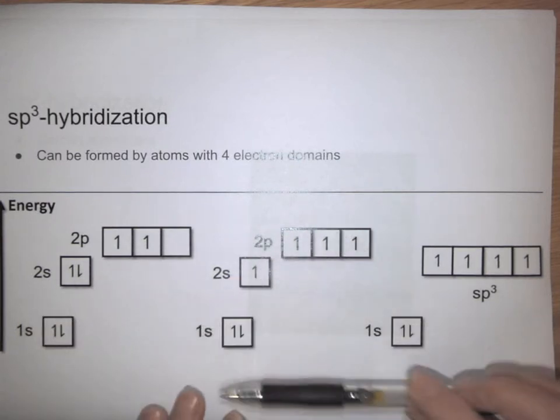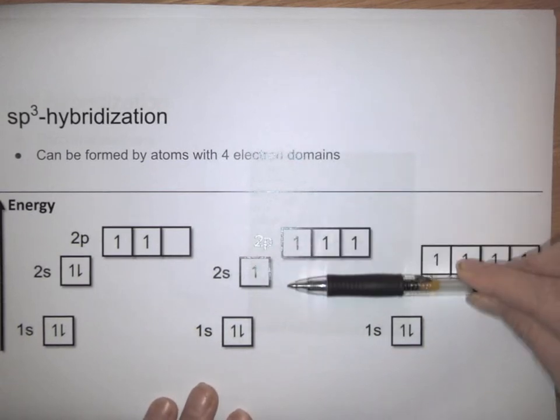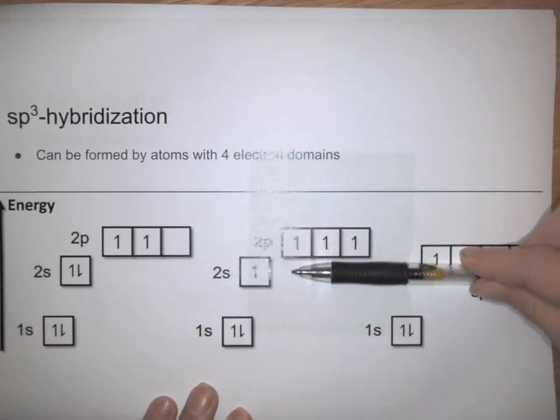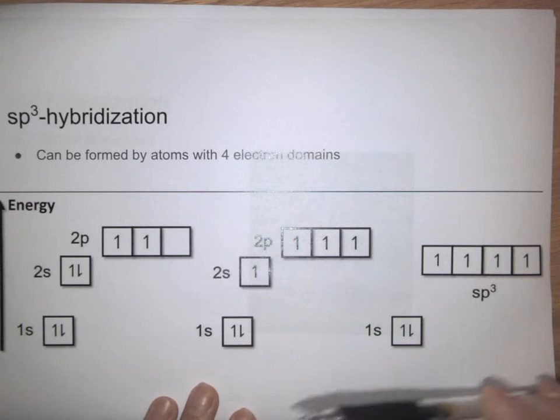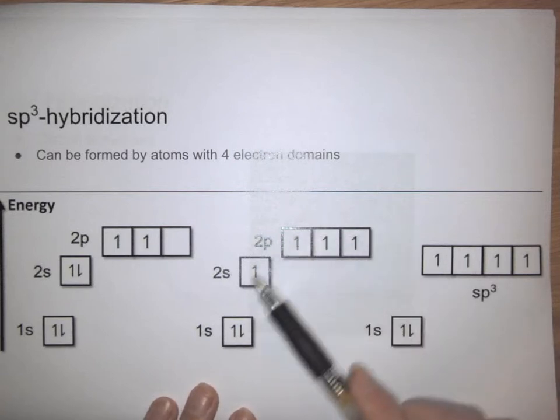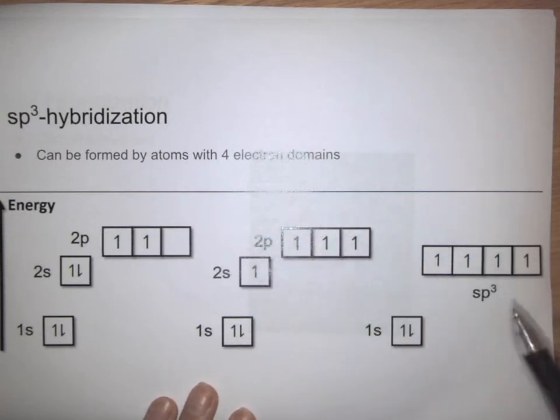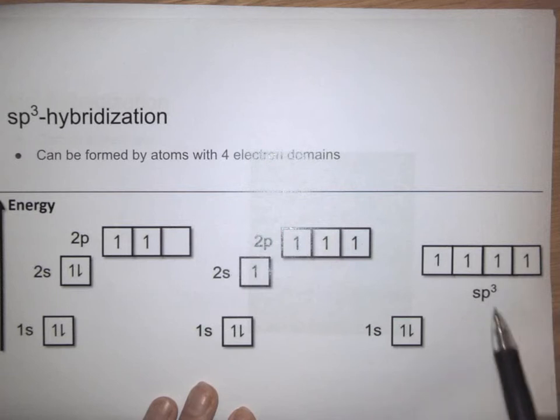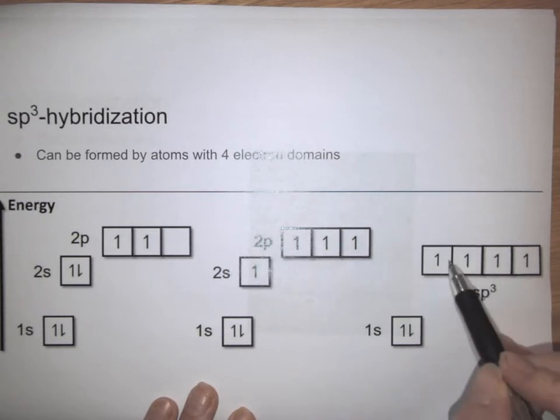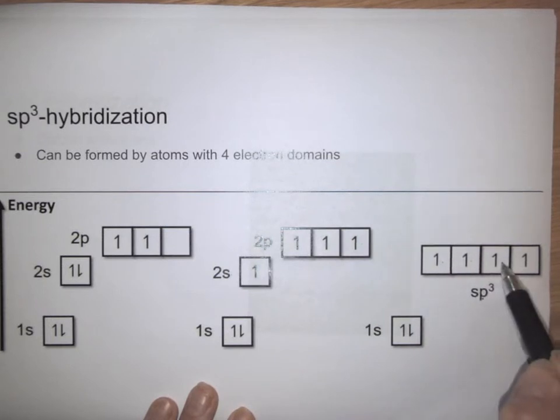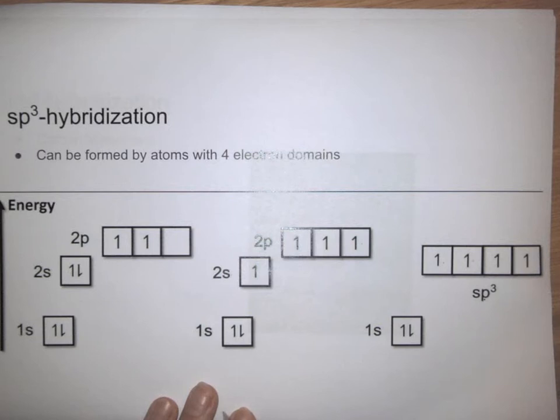You can see that the energy level will decrease a little bit, so it will have a lower energy level than it had from the beginning. And it will create this sp3 hybridization. The sp3 stands for one s orbital and 3 orbitals in the p sublevel. Now you see you have 1, 2, 3, 4 places where we can bond electrons from another atom.